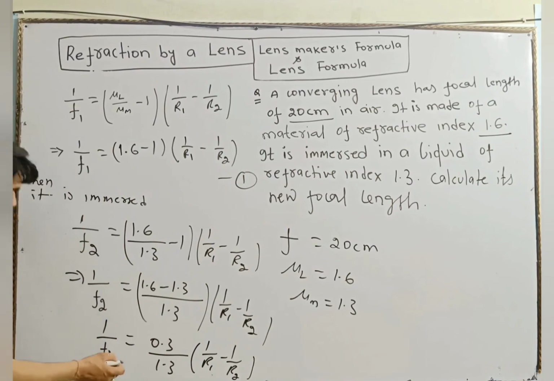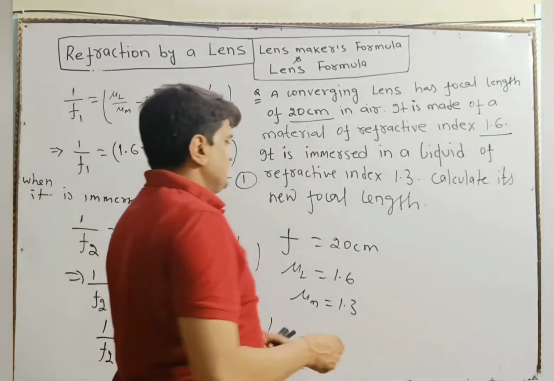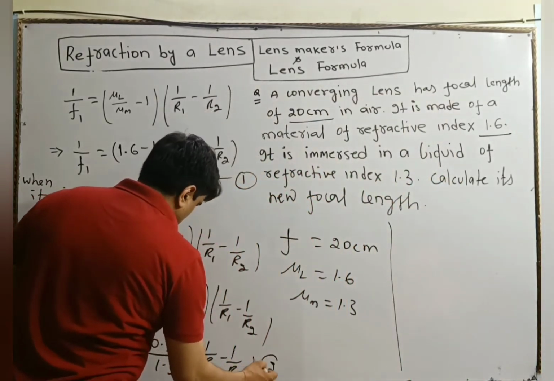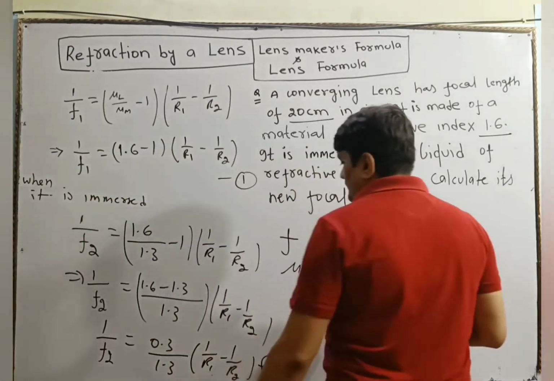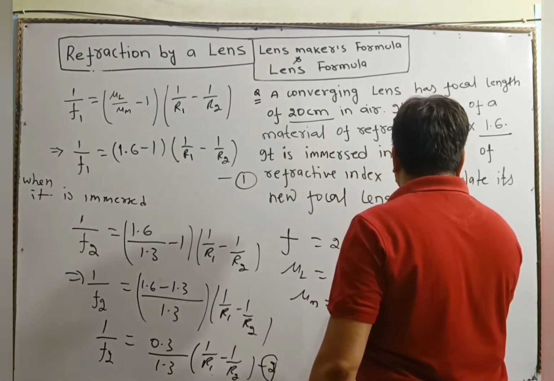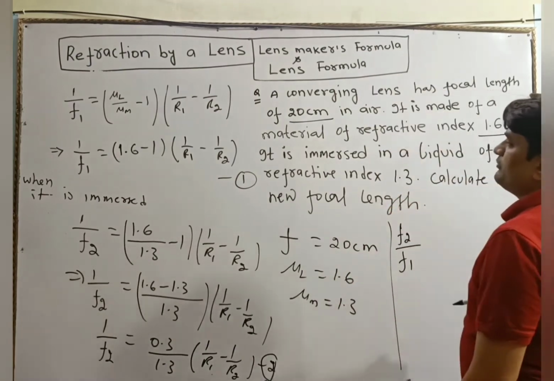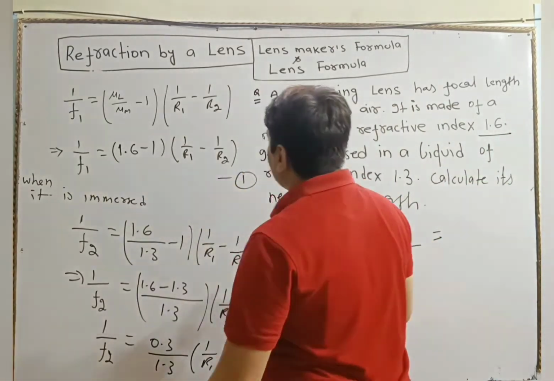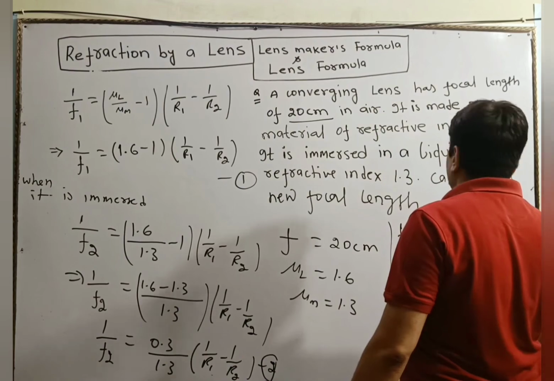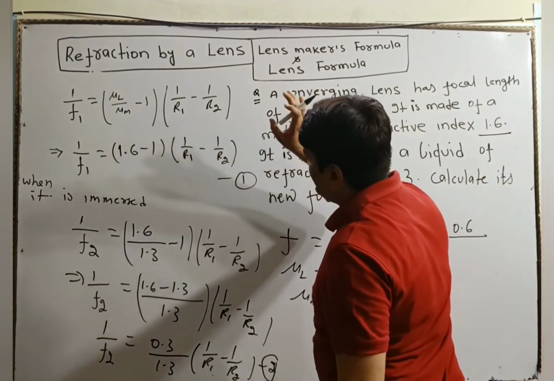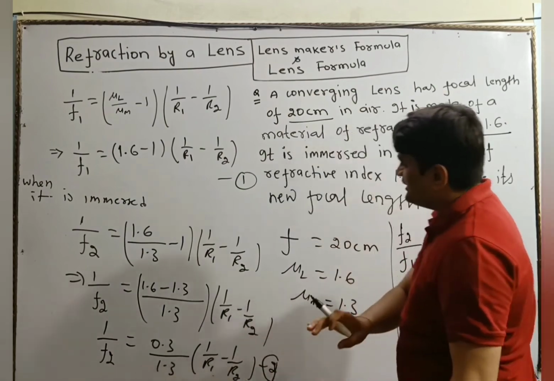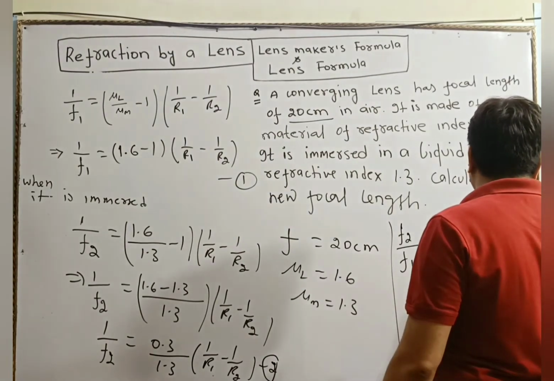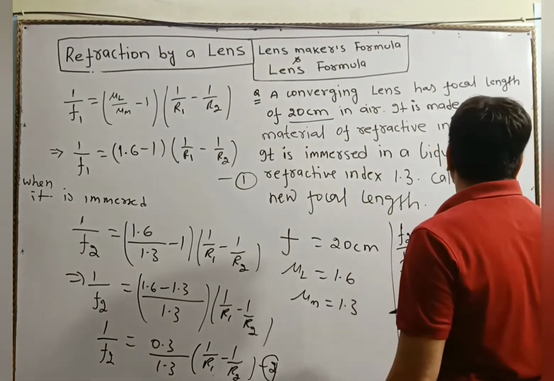Let's divide both equations, 1 and say it as 2. So it becomes f2 upon f1, and equation 1 is here 1.6 minus 1, it will be 0.6. Okay, and here is 1 upon r1 minus 1 upon r2, here is also 1 upon r1, 1 upon r2, it will be cancelled. So here is 0.3 into, it becomes 1.3.